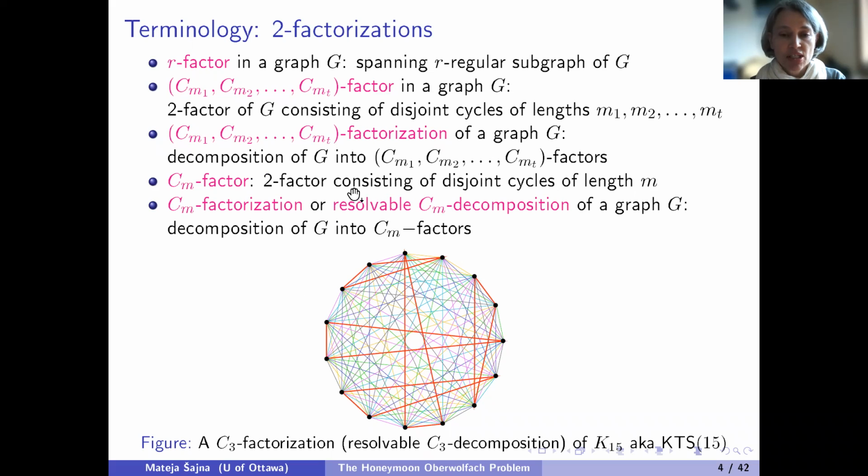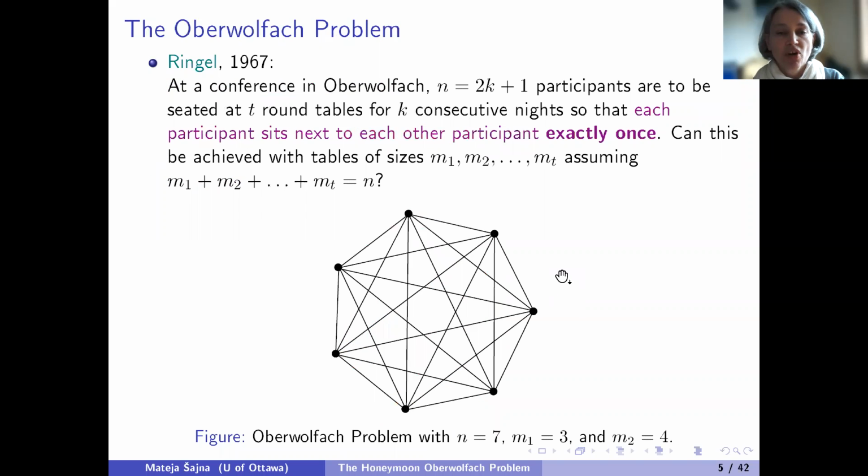We can think of this as equivalent to a resolvable CM decomposition. The parallel classes correspond to the 2 factors. And this is also called a resolvable Steiner triple system on 15 points, or a Kirkman triple system on 15 points. Okay, so going right into the Oberwolfach problem.